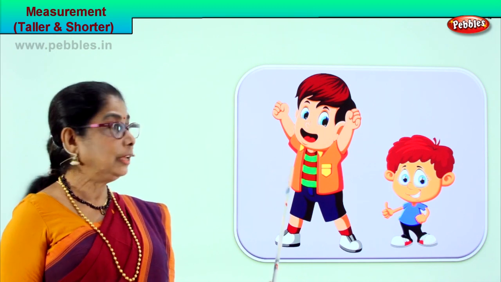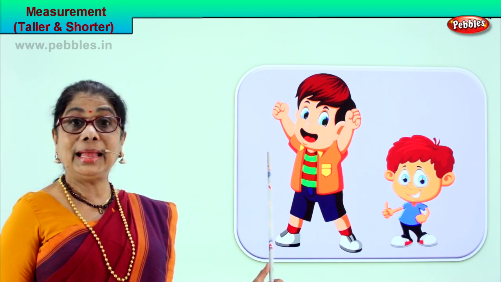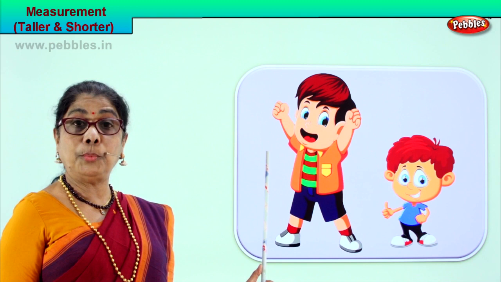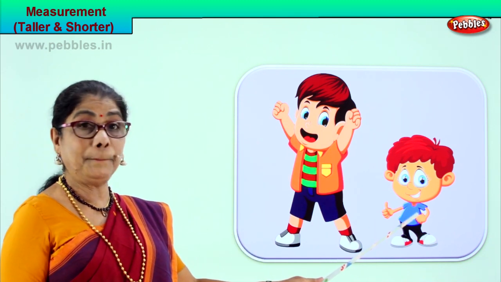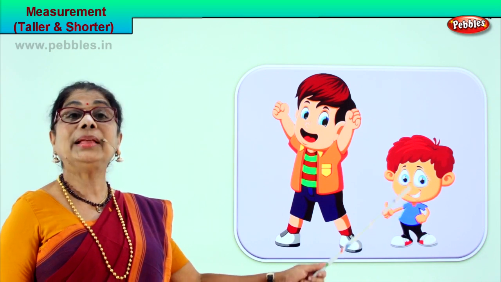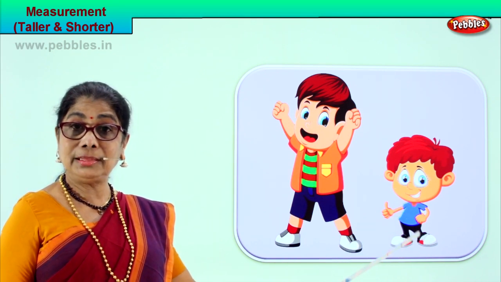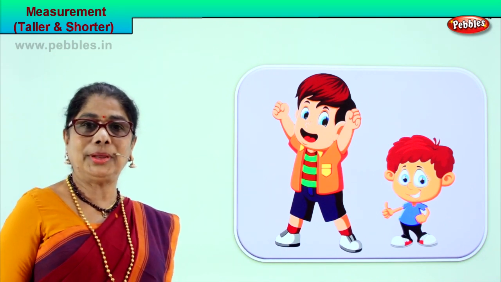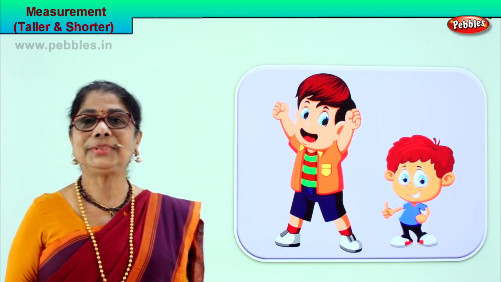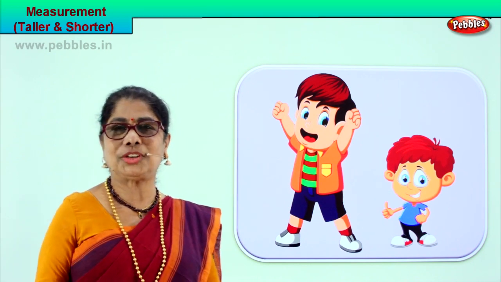Taller, shorter. If you say A and B, the tall boy A is taller than the short boy B. Or we say this boy B is shorter than this taller boy. Taller, shorter. Good.